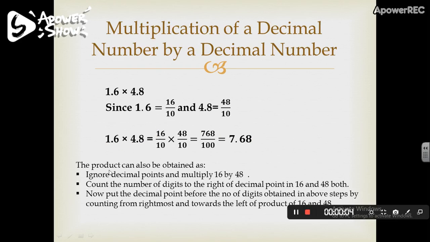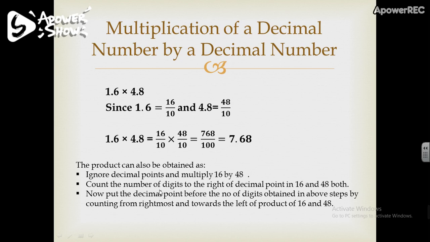So the product can also be obtained as follows: ignore the decimal points and multiply 16 by 48. This is the first step. You have to ignore the decimal points and just multiply the first number by the second number. By multiplying 16 by 48 we get 768.